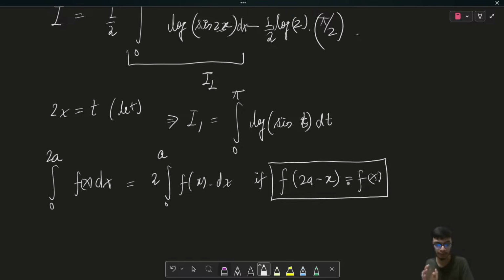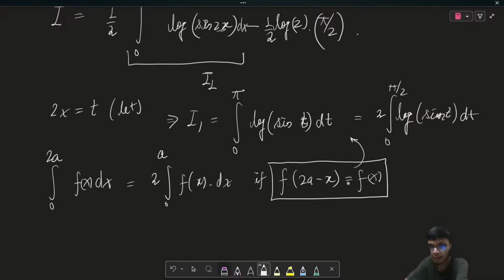If I have this condition, then only I can do this particular form over here, right? So if I use this property in this question, since I know that sine of pi minus x is again equal to sine x, therefore I can change this to log of sine of t dt, but this will be 0 to pi by 2 and 2 times of it, right?